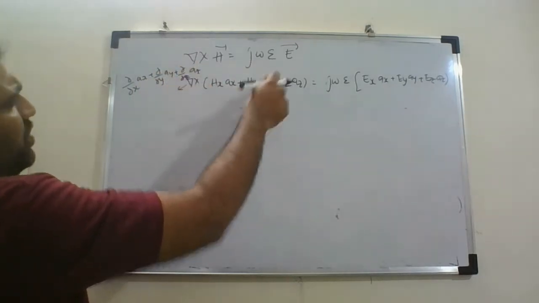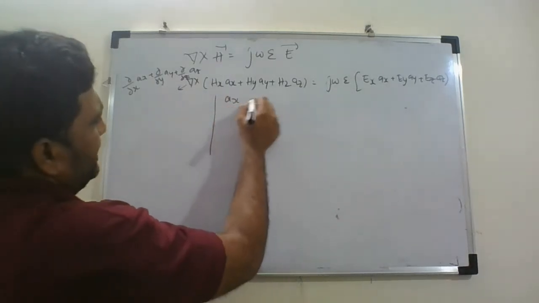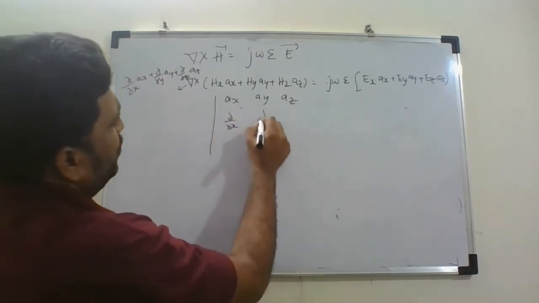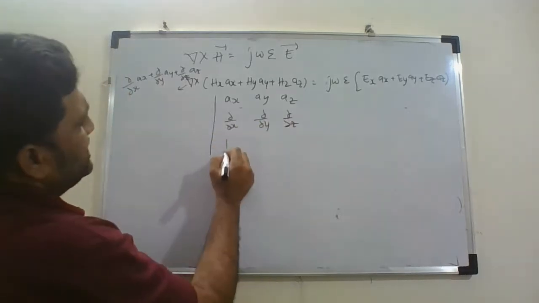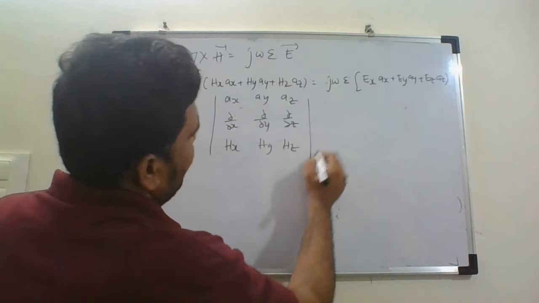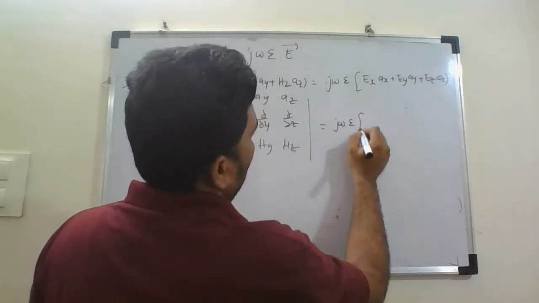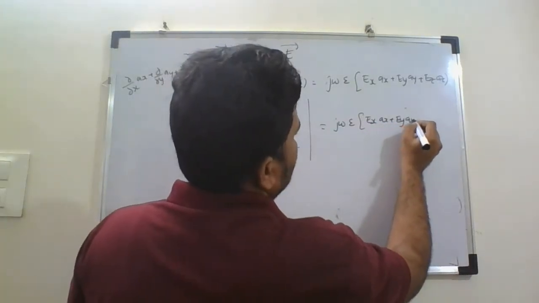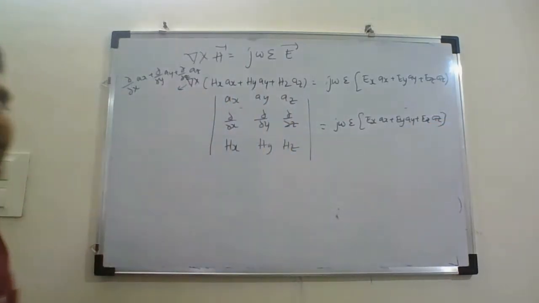Taking the cross product of the two, with rows Ax, Ay, Az; ∂/∂x, ∂/∂y, ∂/∂z; and Hx, Hy, Hz, is equal to jωε into ExAx plus EyAy plus EzAz. This is what I get.